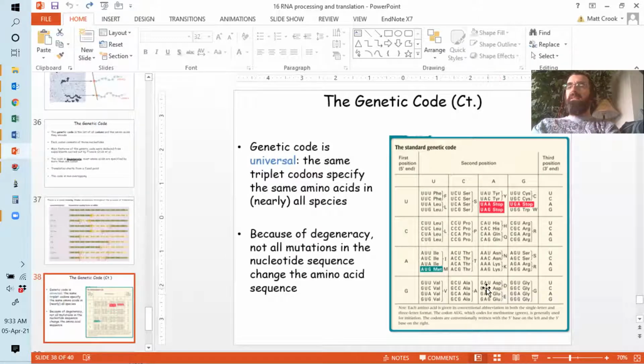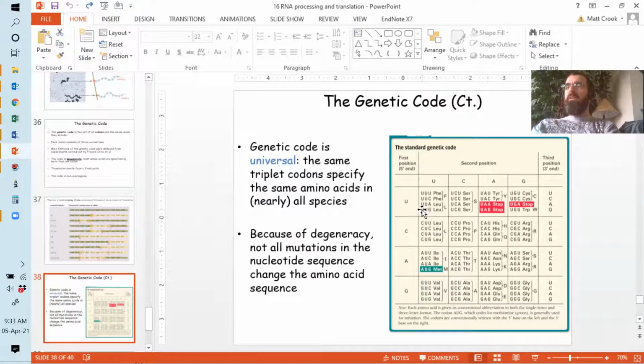It recognizes almost solely GAU. It can sometimes recognize GAC, but it's very specific to that codon. There are some others in here, like, which is the big one? Leucine, there you go.